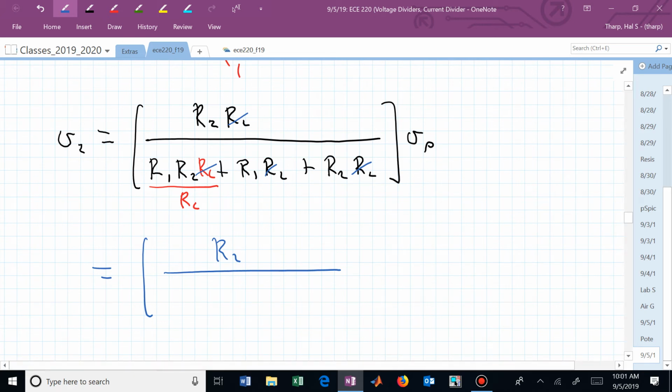I then have R1 plus, well, can I add these together? There's this one. And now I'm going to combine and factor out an R1. So I now have R2 over RL, that piece, plus R sub 2.